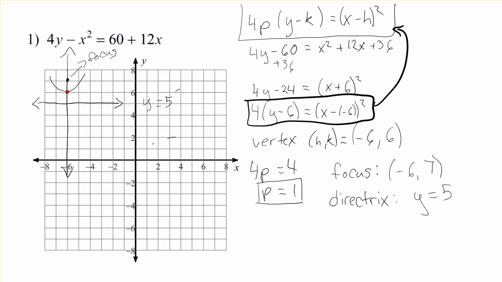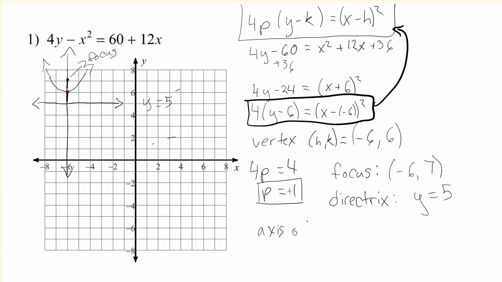Alright, we have our directrix, we have our focus. Notice p is 1, so this length is 1, and this length is 1. Also, p was positive 1. Anytime that's positive, our parabola is opening up or to the right. And then the last thing I wanted to find was the equation for the axis of symmetry.